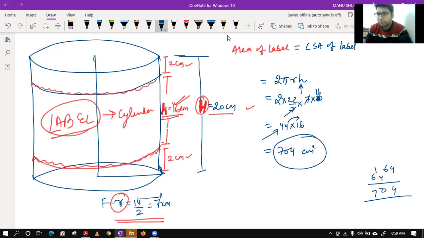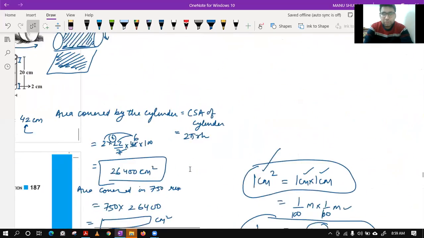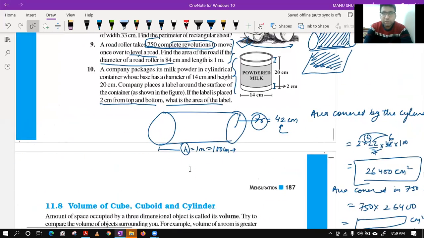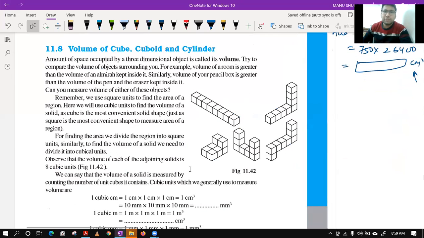I got 64, and then you just move it by one position and add. That will save some time for you. Then add one more zero and add. The answer is 704 centimeter square. I hope this question is clear to everyone.